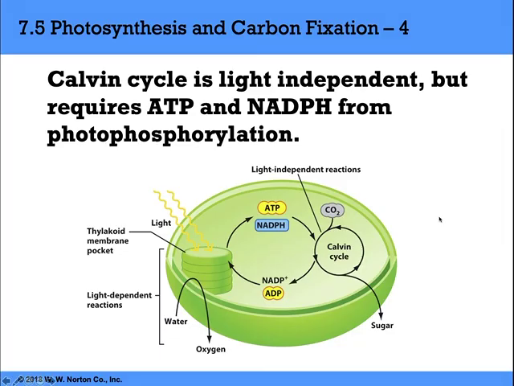Now, the Calvin cycle, which are the dark pathways, the dark reactions of photosynthesis, run all the time. And what they're doing is they're utilizing the ATP and NADPH, high energy molecules, in order to make simple sugars. Okay?